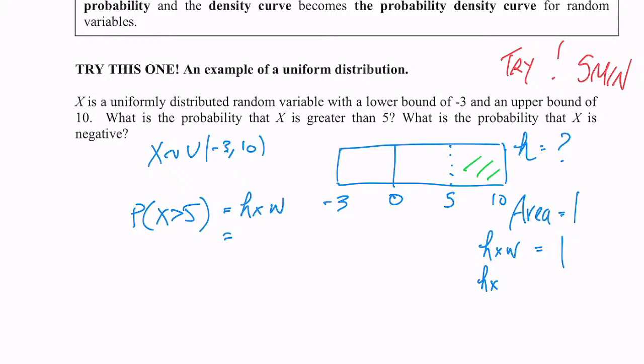Width should be, remember I told you, upper minus lower. In this case, the lower is a -3, but don't lose that negative. That actually makes it turn into a positive. This whole length here is 13.